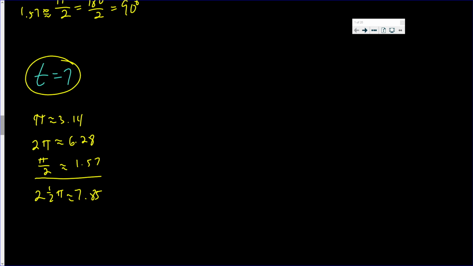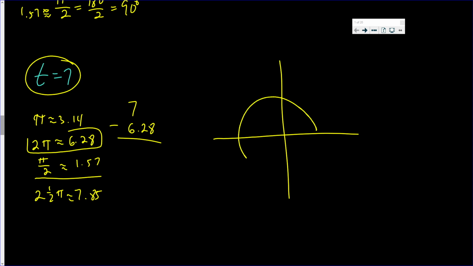Now, what you can also do is you can do 7 minus 6.28, which is 2 pi. In other words, we went 6.28, and then we have to go 0.72 more. Okay? Now, we know that pi over 2 is about 1.57.